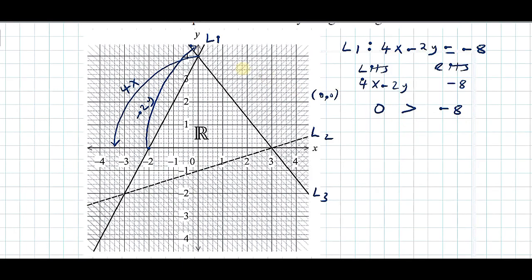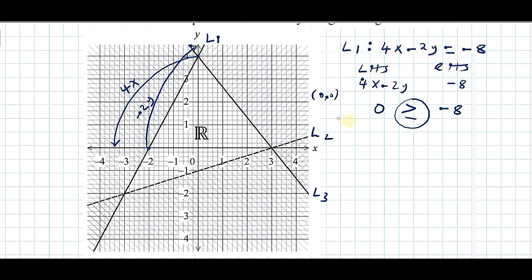We also need to consider the nature of the line. The line L1 here is a continuous line, and therefore the inequality symbol that we're going to have is greater than or equal to. So if it is a continuous line, we add or equal to, and if it is dotted, then we don't. So this is the inequality symbol that we should be using in place of the equal sign.